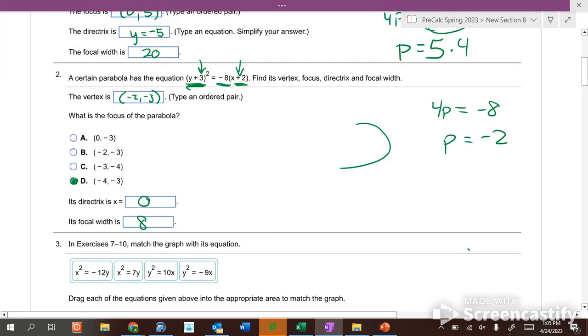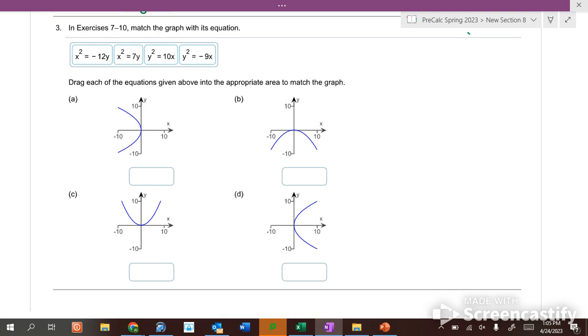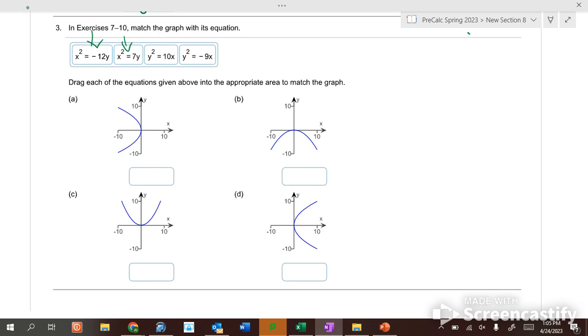All right. Then you'll have to match a graph. This is the easiest question on here. Why is it the easiest question on here? Well, if x is squared, then it's an up-down. So these are up-downs. These two are left-rights.